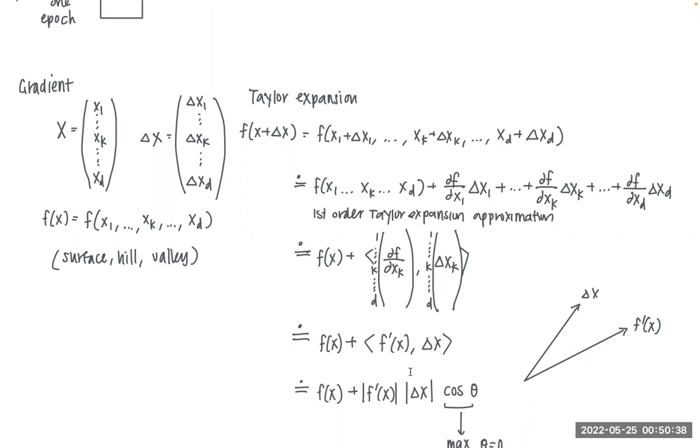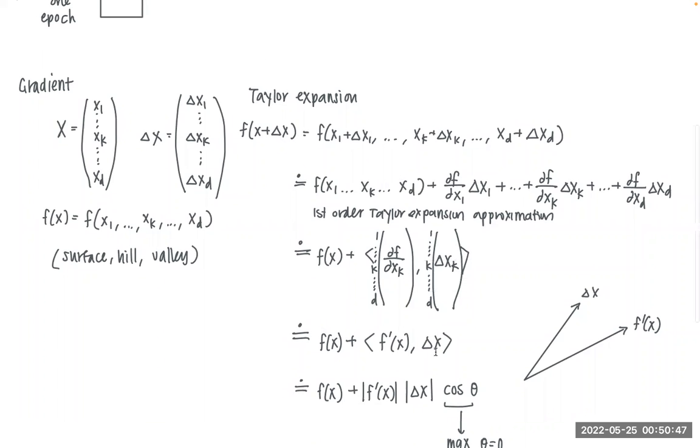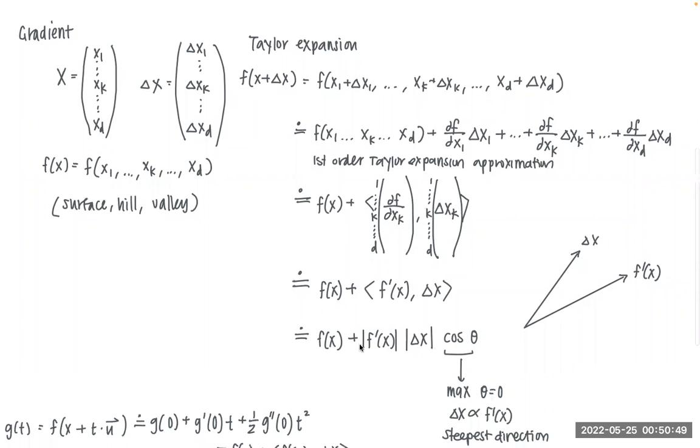We define this to be the multivariate version of the derivative, or gradient, times delta x. And this equals f of x plus this inner product, which can be written as the L2 norm, the Euclidean length, of the gradient vector times the length of the vector delta x, times cosine theta. Cosine theta is the angle between the two vectors.